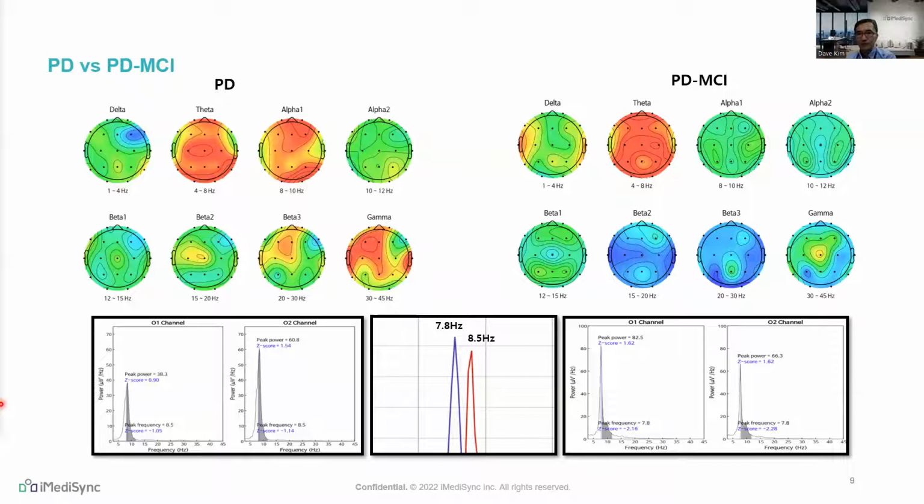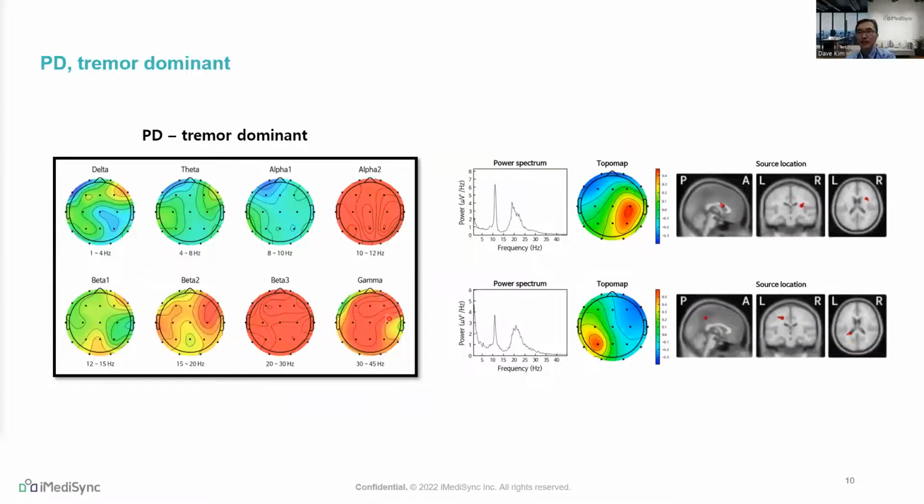So the Parkinsonian case and this Parkinson disease with cognitive decline both show an underactive phenotype for the Parkinson symptom. But some Parkinson disease, in this case tremor-dominant Parkinson disease, shows an overactive phenotype.